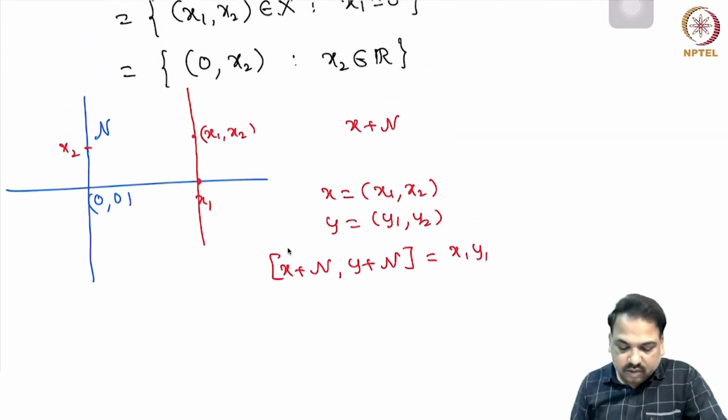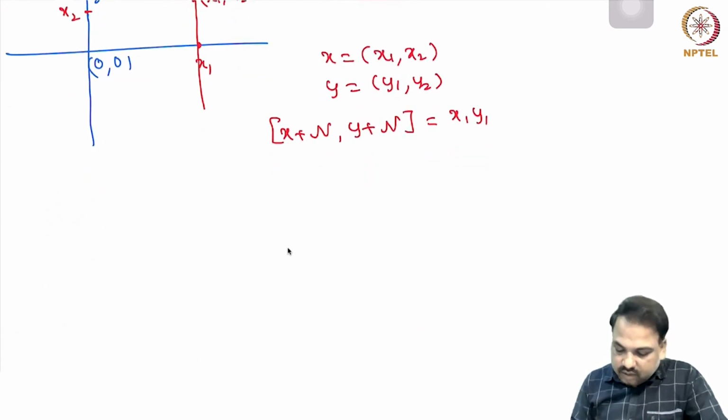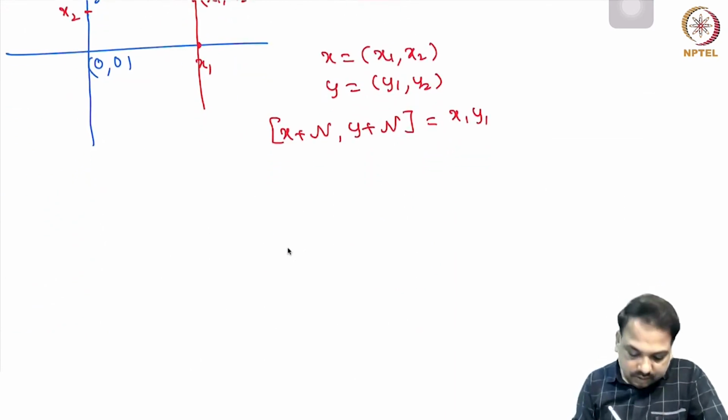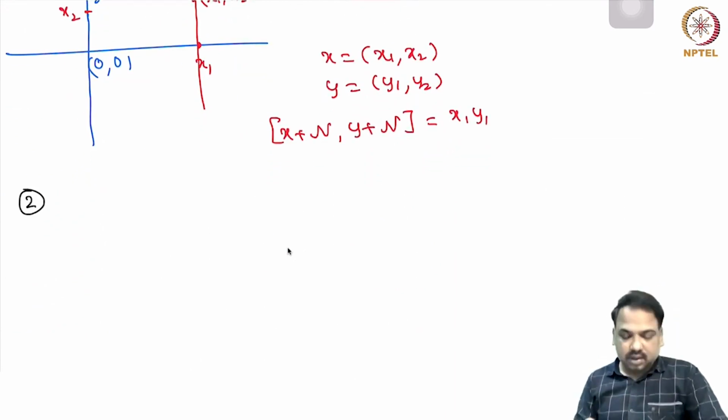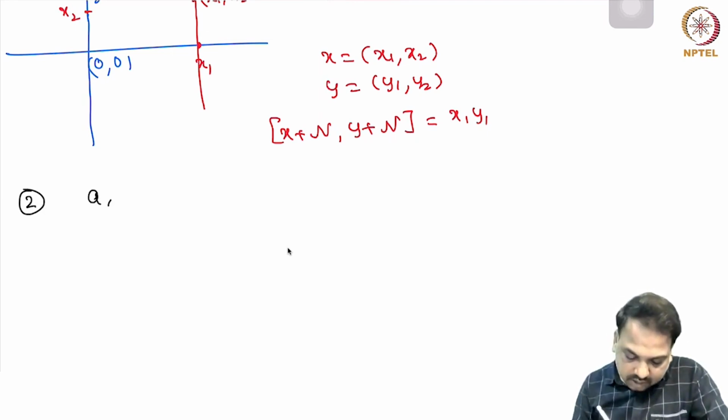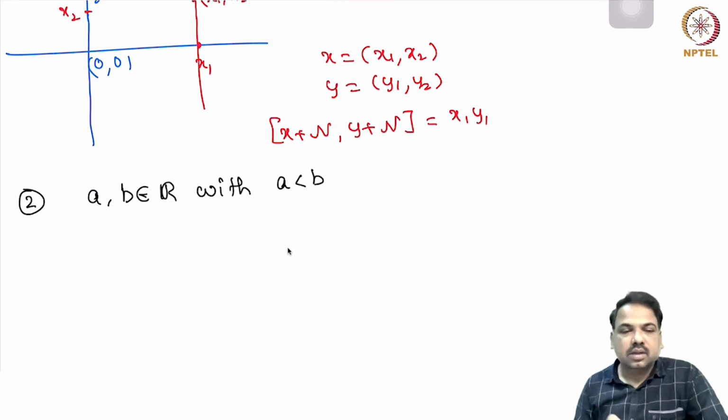Let us look at one more important example that we will be using again and again throughout the course. Let us take a, b in R with a less than b.